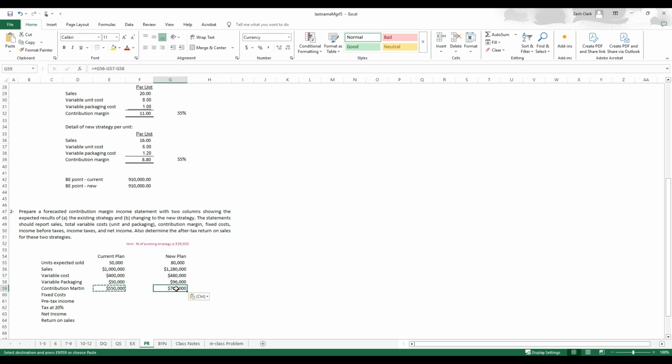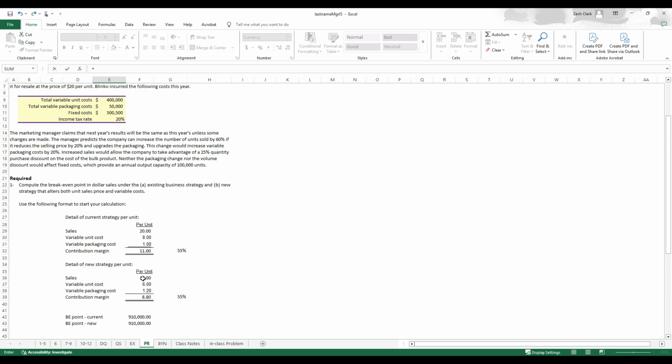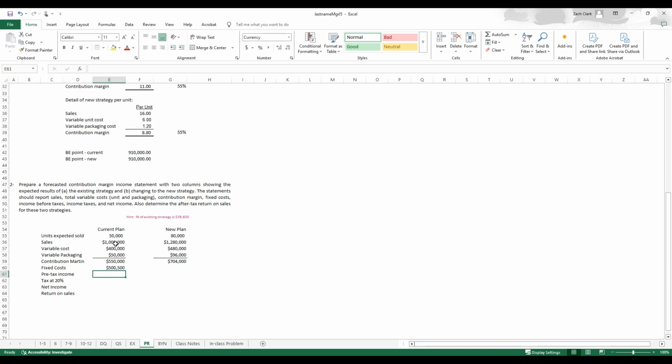I'll just copy this formula over. Okay, and then we have the same fixed cost under both scenarios. You know what I'm going to do? I'm going to do negatives here too, just to make that clear.